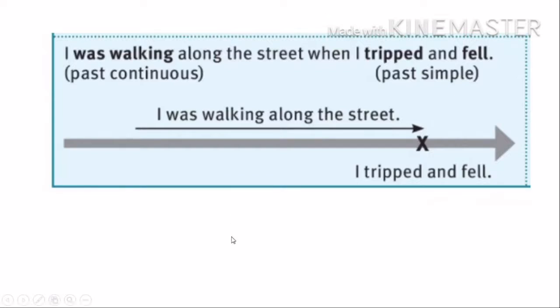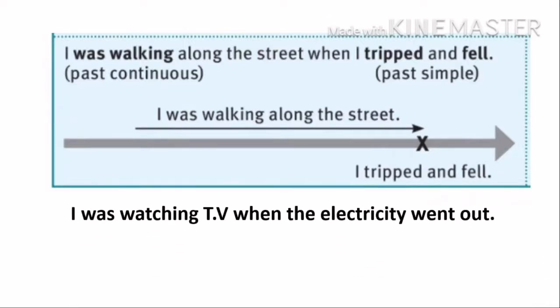Let's see two more examples. I was watching TV when the electricity went out. The large action, the action that's in progress, is I was watching TV. Then what happened? The electricity went out.